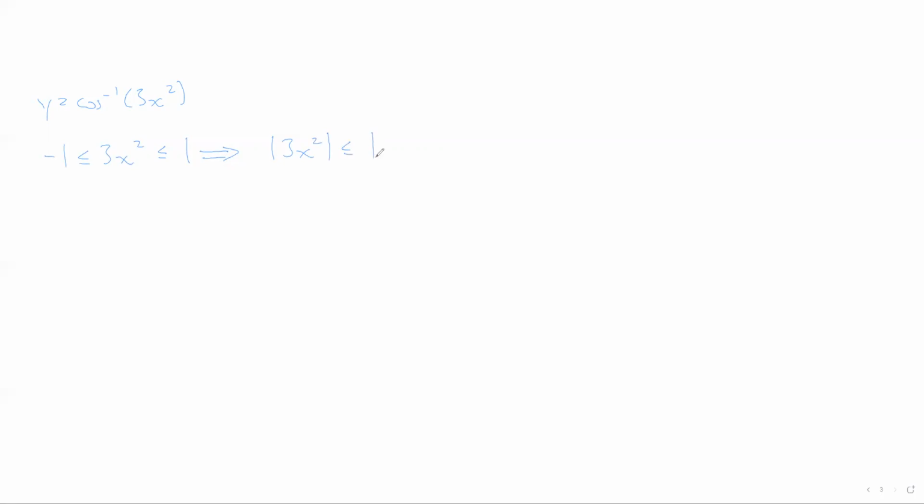Because if you have some value that's in between -1 and 1, that's another way of saying that expression is within 1 unit of 0, which is basically the definition of the absolute value. I want the absolute value of that thing to be less than or equal to 1. Otherwise, that inequality might be a little tricky to handle when you start picking square roots and negatives. So from here, I can start solving for x. I get the absolute value of x squared is less than or equal to 1/3, and the absolute value of x is less than or equal to 1 over radical 3.